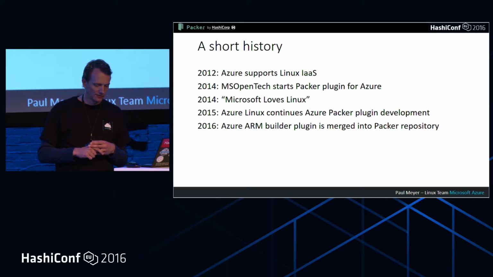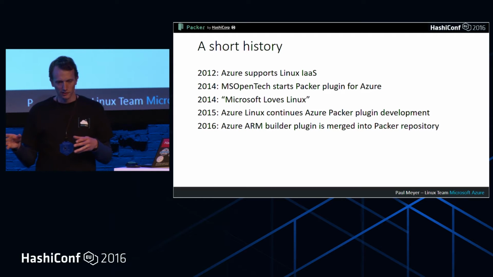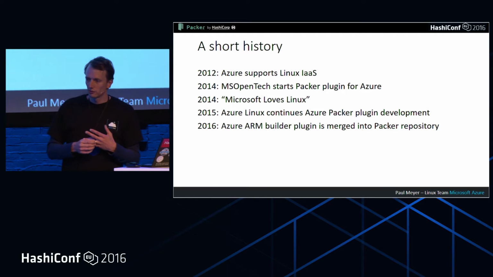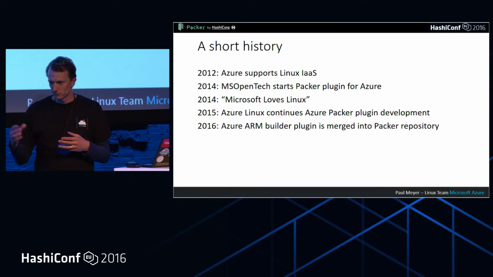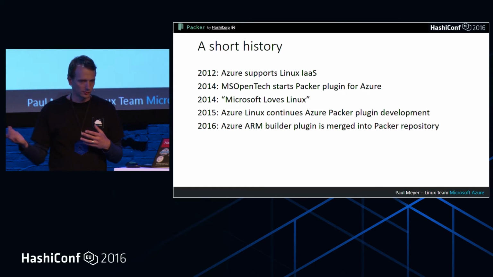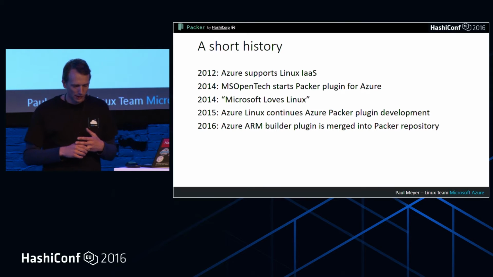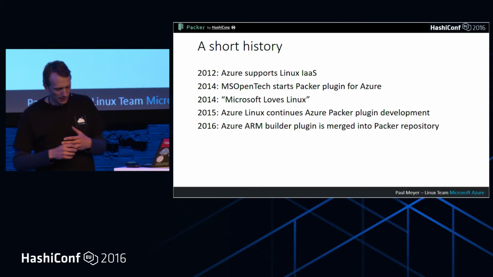And shortly after that, we started also developing these tools in our then subsidiary called MS OpenTech. So the initial Packer plugin was developed by MS OpenTech, similar to the Vagrant plugin, and there are some other plugins that you might know that we have there.